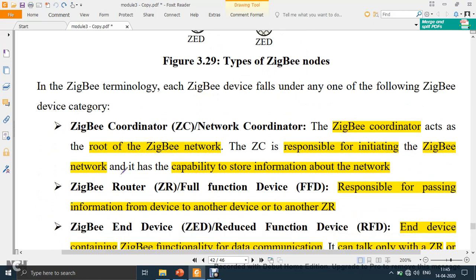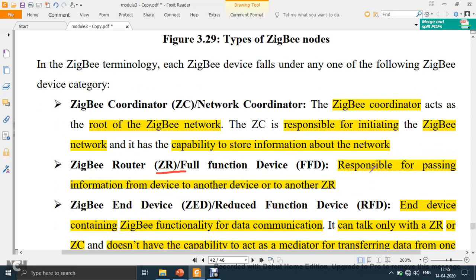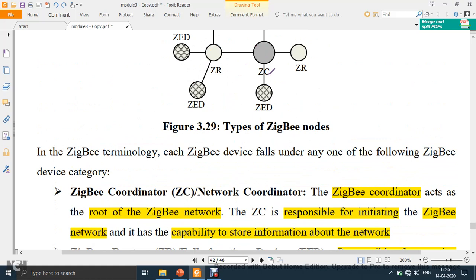Then next is ZR, which is Zigbee router. Similar to a Wi-Fi router, it is responsible for passing information from one device to another device or to another ZR. A ZC will also act as a ZR, but a ZR cannot act as a ZC. Just remember this.